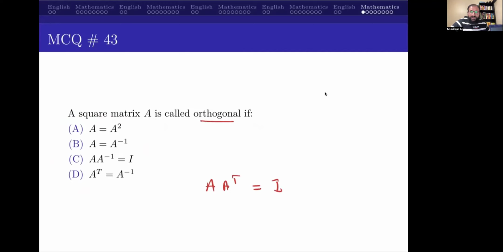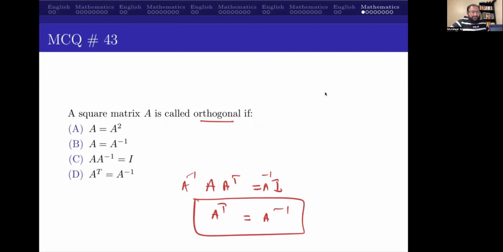This is what we call orthogonal matrices. If you multiply A inverse from the left on both sides, you'll get A transpose equals A inverse. This is the property that should be satisfied for the matrix to be orthogonal. So the correct option is D, and all the other options are not correct.